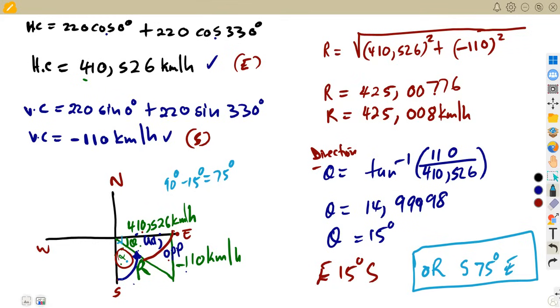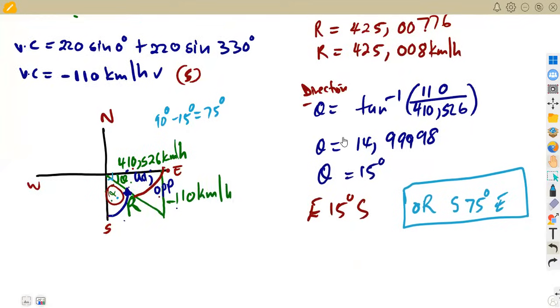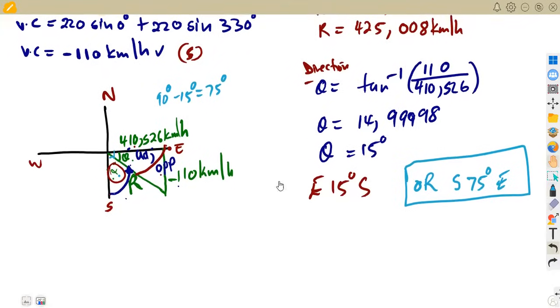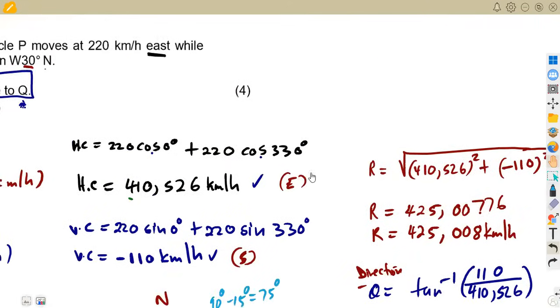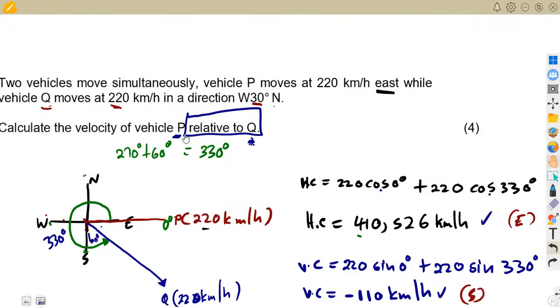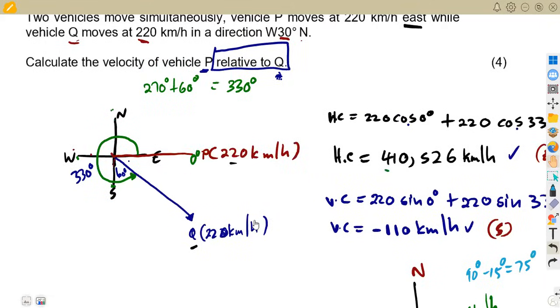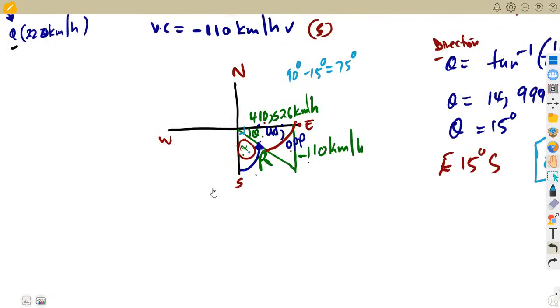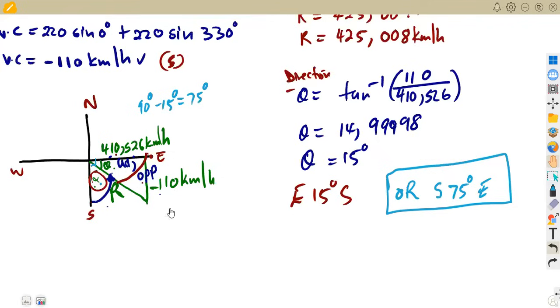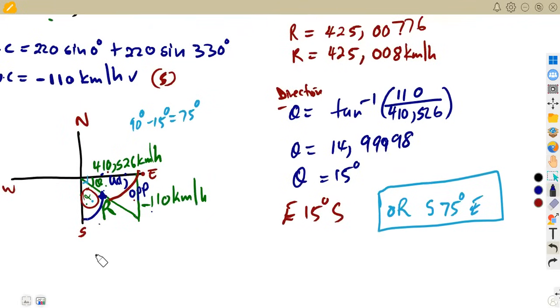So let us just have this in conclusion. Like I said, you can write this in words or so forth, depending on what you want. So it was P relative to Q. So we're going to have the velocity of P relative to Q, which was 425.008 kilometers per hour.